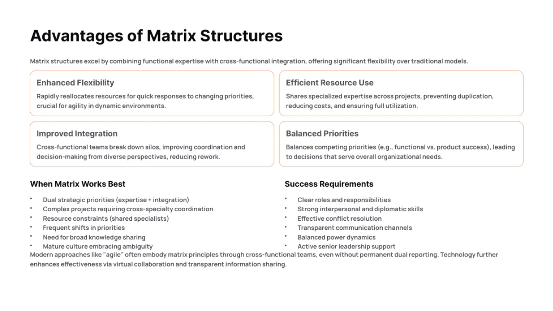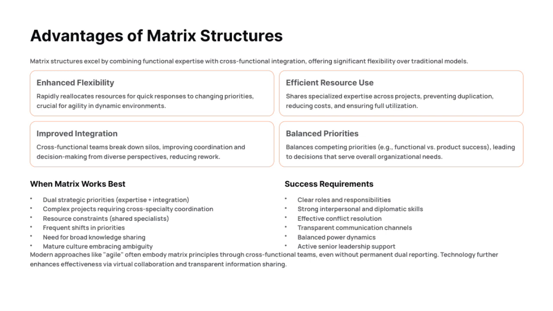Active support from senior leadership is another critical success factor. Leaders who champion these structures set the tone for a culture that embraces the complexity and ambiguity inherent in matrix environments. What do we need to succeed? Well, organizations often juggle dual strategic priorities, like leveraging specialized expertise while ensuring integration across functions.